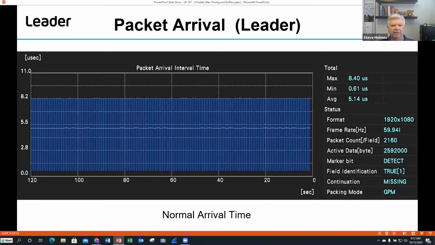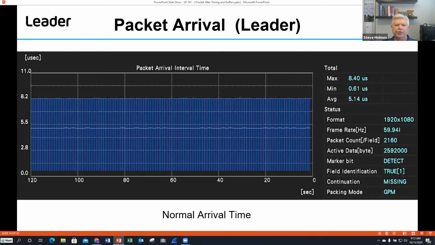You're going to have a little bit of change here, as you can tell. On the left-hand side, we're looking at how many microseconds between packets. So we have packets coming moderately early and packets coming about 8.2 microseconds later. But it should be a nice, consistent, smooth flow.